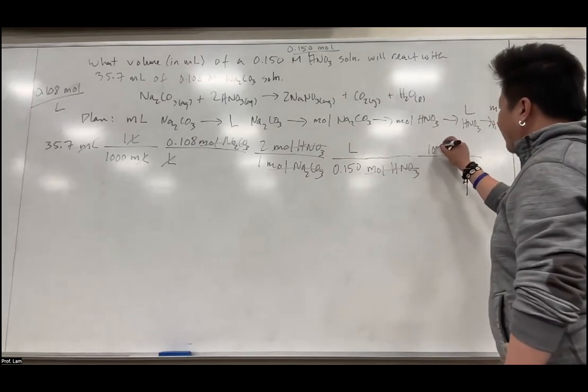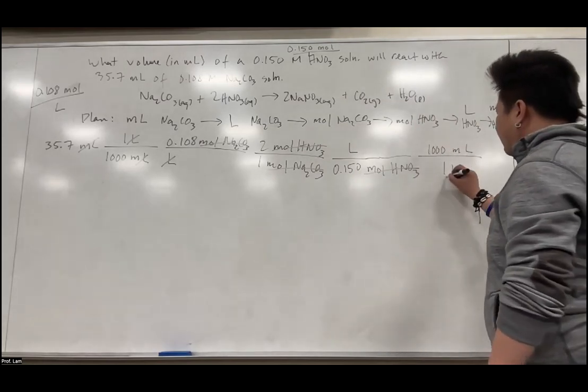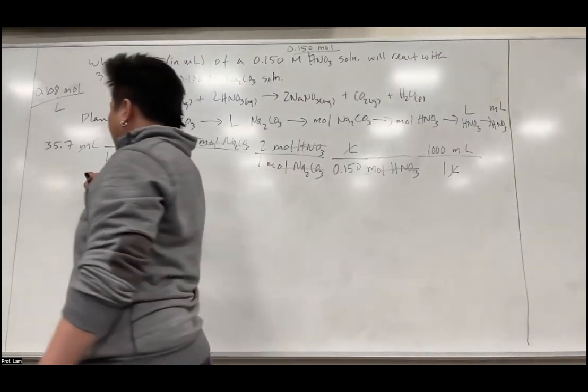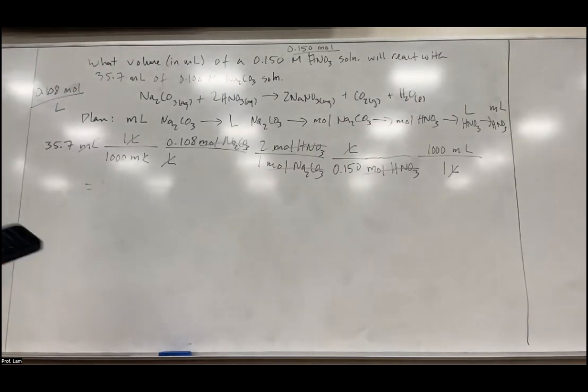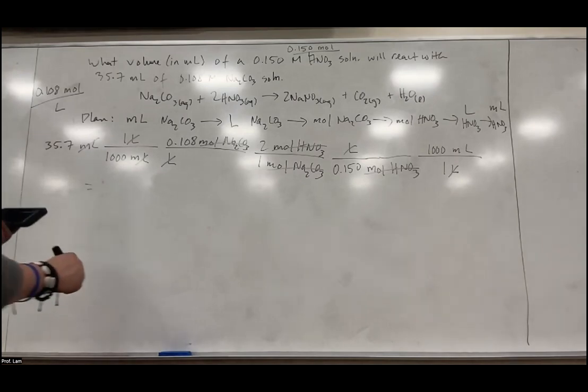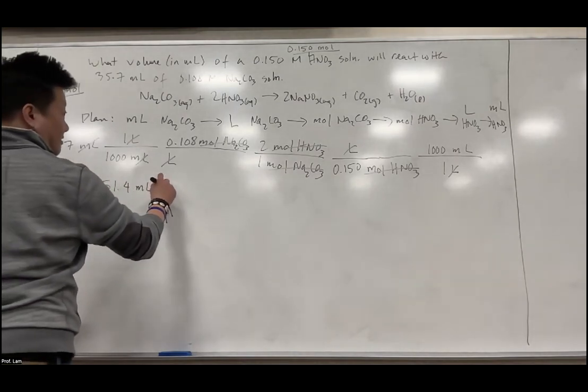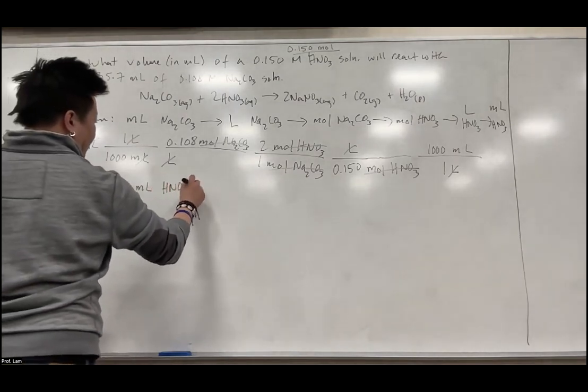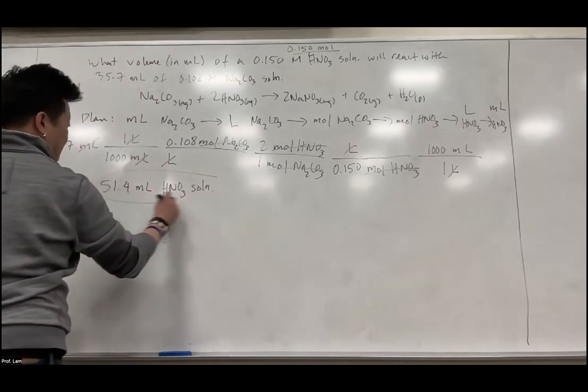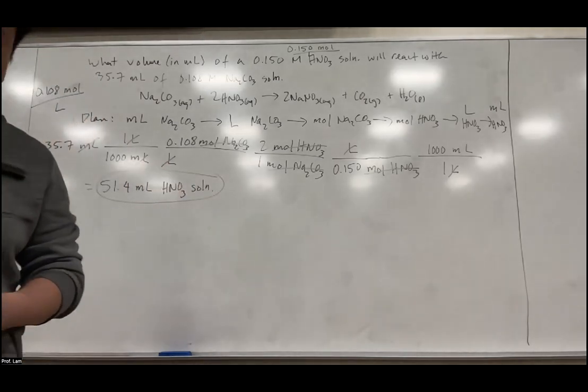So we need 1,000 milliliters on top for 1 liter on bottom. That's equal to 51.4 milliliters of the HNO3 solution.